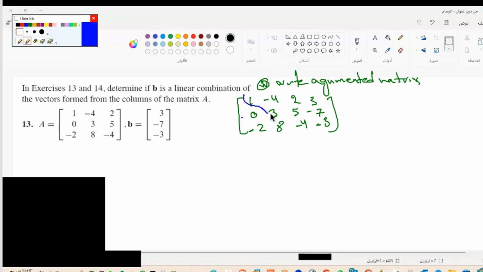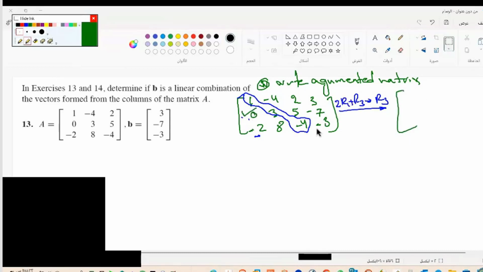I need this. So this is solved. These are done. Now R3 becomes R3 plus 2 R1.